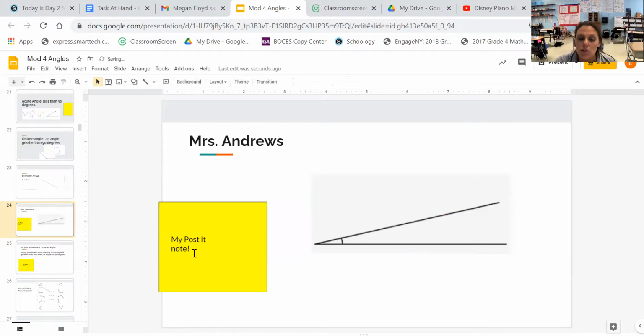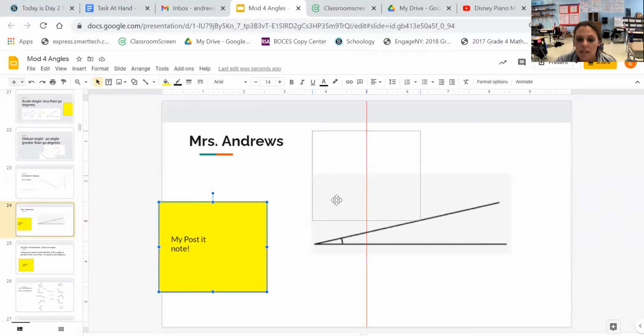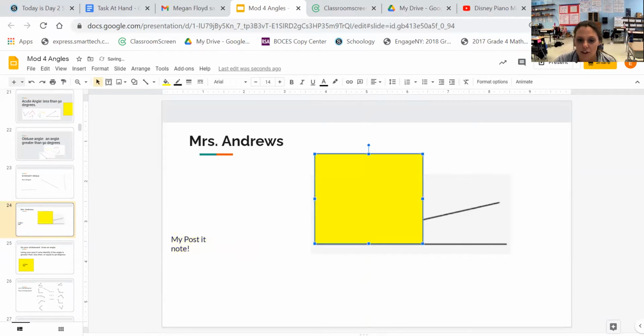So using my Post-it note, we know there's 4 right angles here. I'm going to take my Post-it note and put it at that vertex. Can you just agree that this is my vertex right here where those 2 lines meet? That's my vertex. Now I'm going to draw, this would be 90 degrees. This would be right along the edge there and going this way. This would make a right angle, a 90-degree angle.